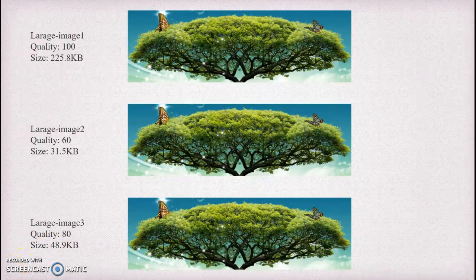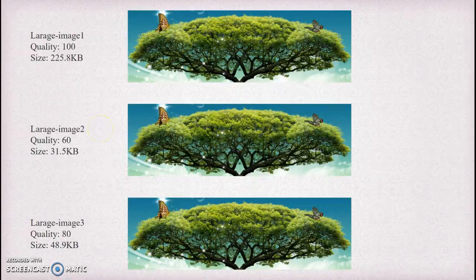So really, like I said, the real art of image optimization and compression is finding that balance between quality and file size. So it looks like to me, if I really wanted to pick the best one, it would probably be the large image 2.